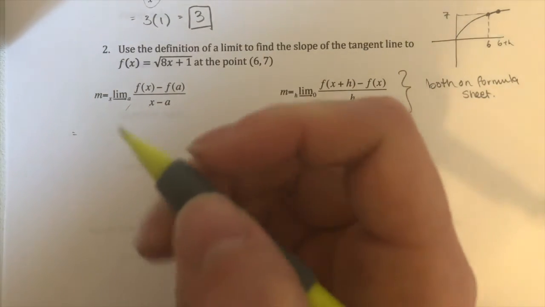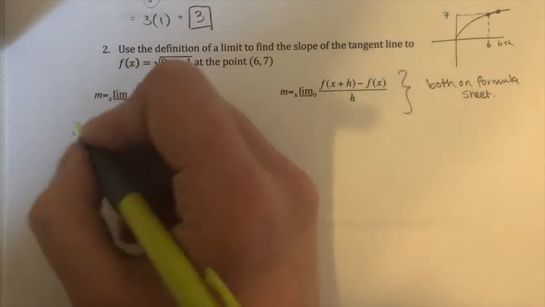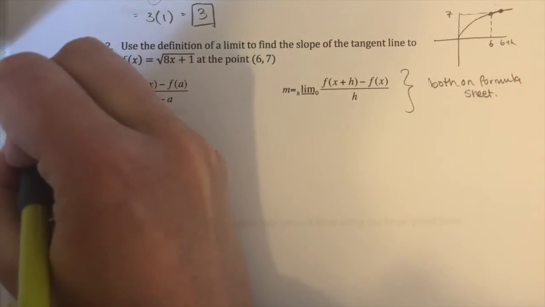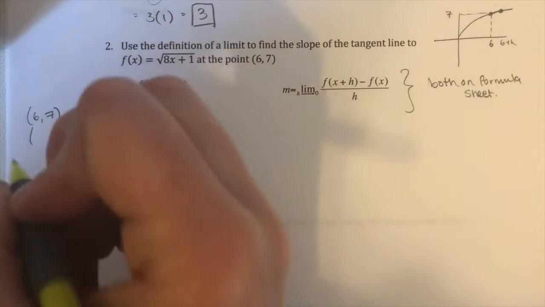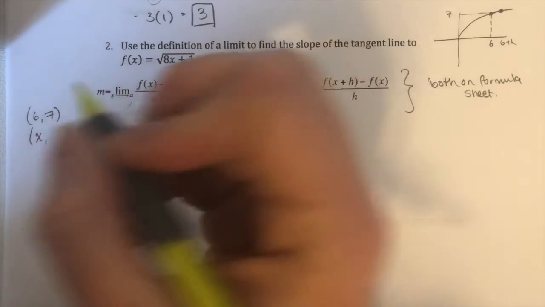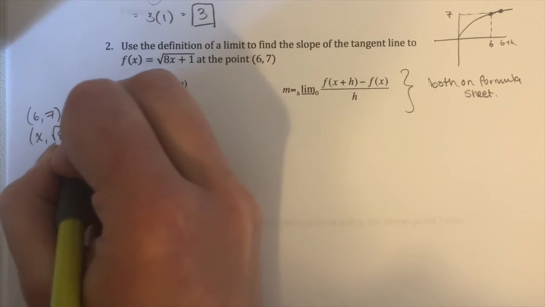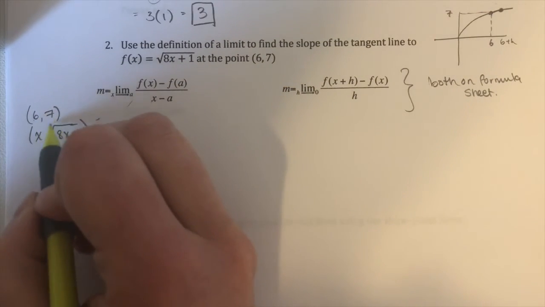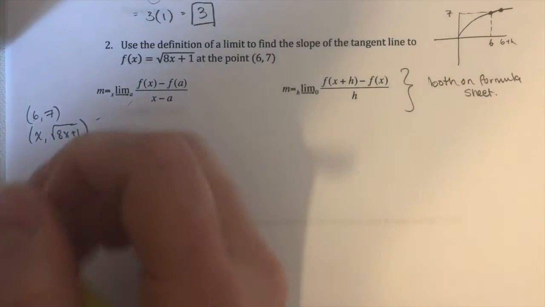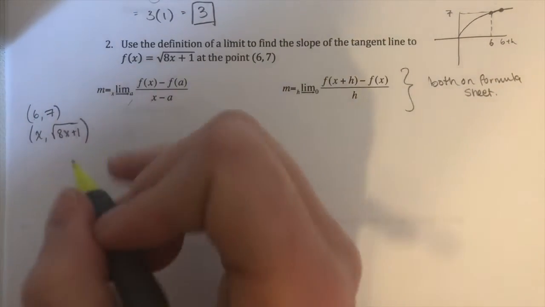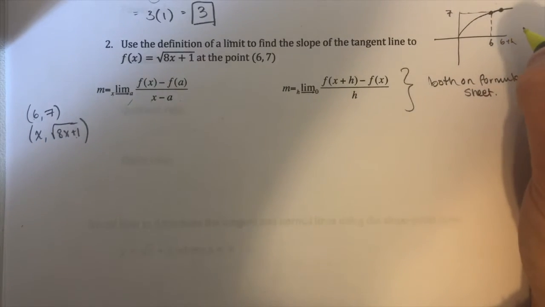So for your slope here, the two points in question, our first point is 6, 7, and our second point is x and root 8x plus 1, right? If I plug a 6 in, this is what I get out of it, because 48 plus 1 is root 49, which is 7. So there's our two points.